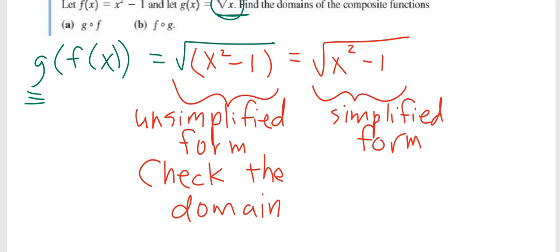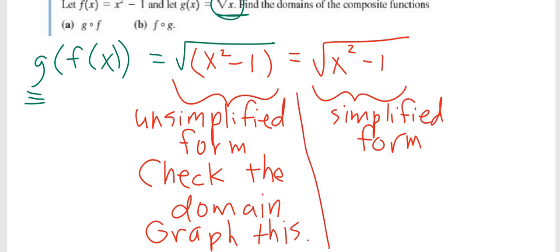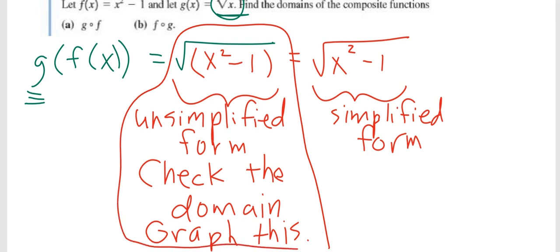Don't you ever check the simplified form for the domain, because I promise you, I will find you an example where you will end up getting the wrong answer if you find it from the simplified form. In fact, you want to graph this one. So, when you're thinking about finding the domain and graphing, do it from the unsimplified form. I know it's not going to make a difference in this particular example, but it will in the future.